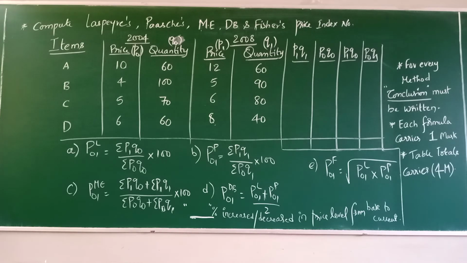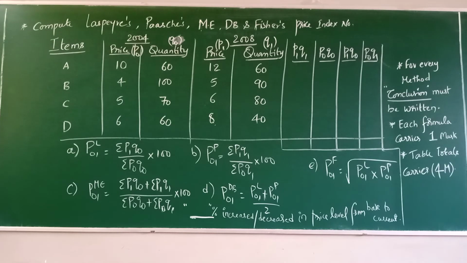And look at the side of the table, I have given you some notes, points. For every method conclusion must be written. I mean, the formula and conclusion together carry 1 mark, remember. And then each formula carries 1 mark. I am just not bifurcating it.